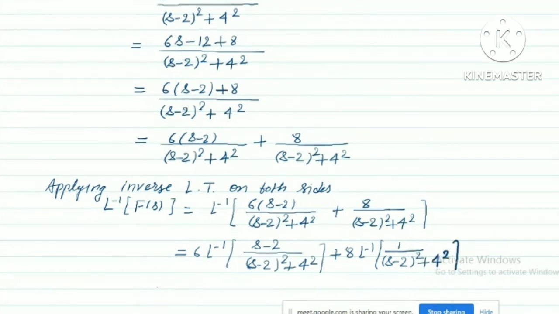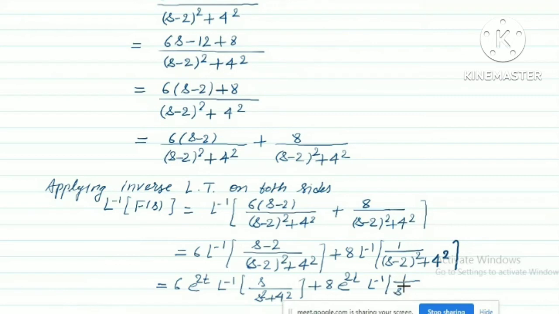Applying the shifting property, this equals 6 e raised to 2t L inverse of s upon s square plus 4 square. This is the first term. And plus 8, applying the shifting property here, e raised to 2t L inverse of 1 upon s square plus 4 square. Okay, let us move to the next page, then we write the answer.